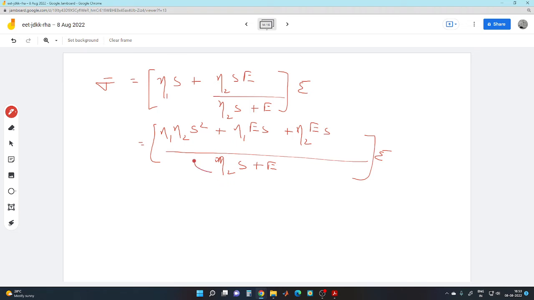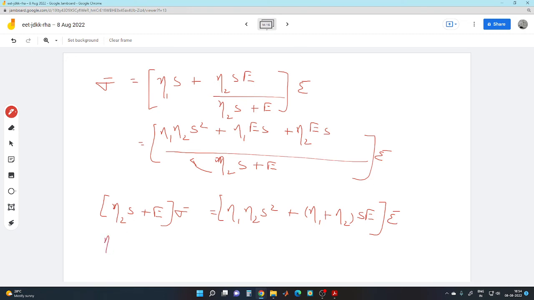So we take this term to the other side and we can write eta 2 s plus E into sigma bar is equal to eta 1 eta 2 s square plus eta 1 plus eta 2 into s E whole term with epsilon bar.